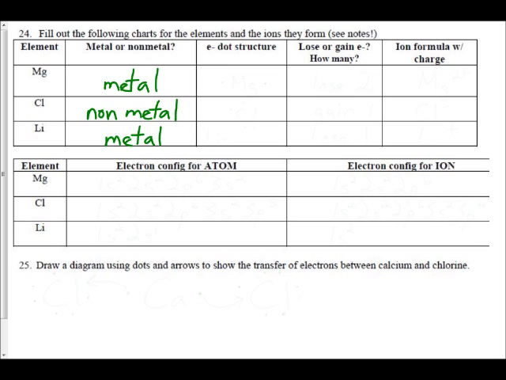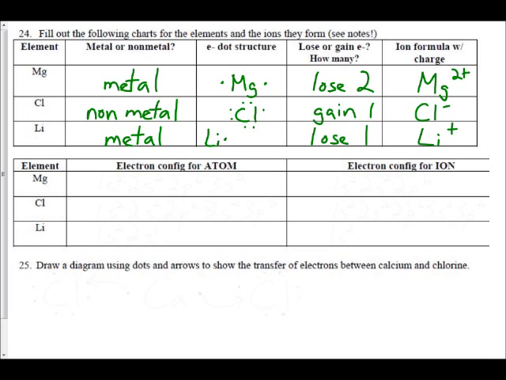Now the E-dot structures, just like we did a second ago, magnesium has 2 dots, chlorine has 7, lithium has 1. Now, magnesium is going to lose these 2 electrons and become magnesium 2+, and then chlorine is going to gain 1 and become chlorine 1-. Lithium will lose the 1 and become lithium+.